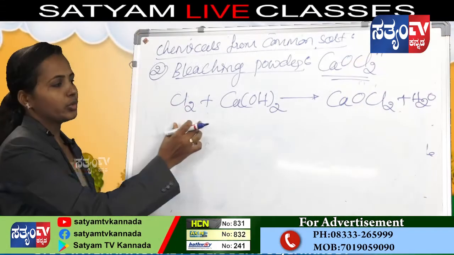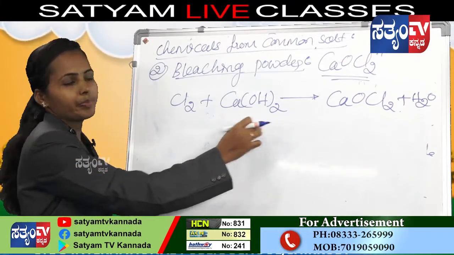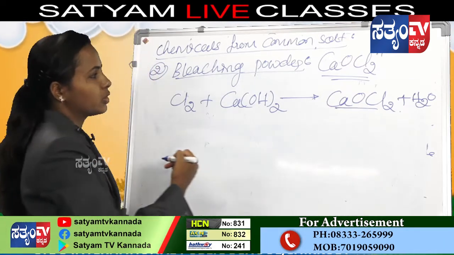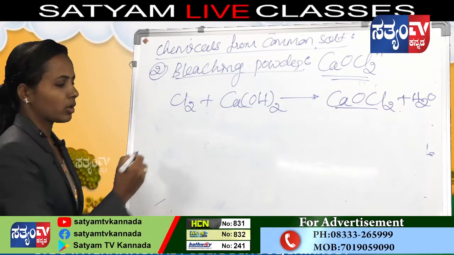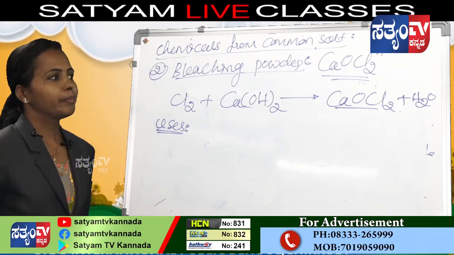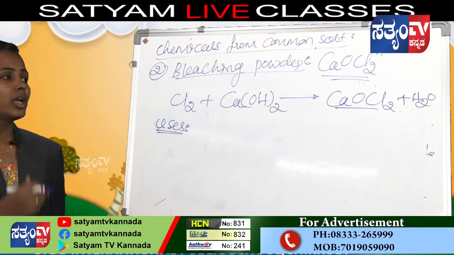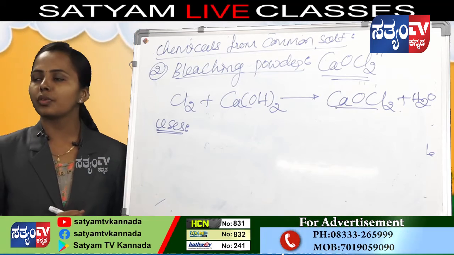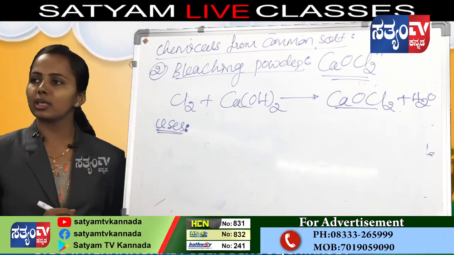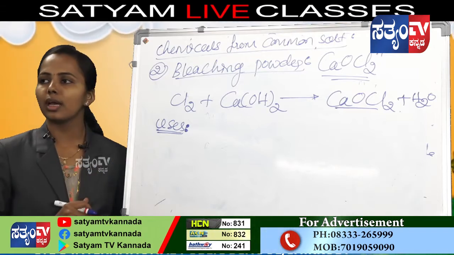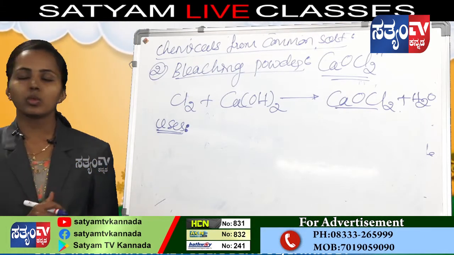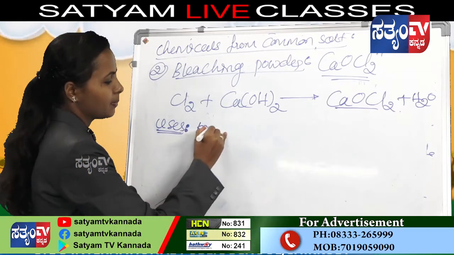When the Cl2 reacts with calcium hydroxide, it gives CaOCl2, bleaching powder, plus water. And next, what are the uses of bleaching powder? Here the bleaching powder has a cleaning property, that's why we use it as a cleaning material. It is used to kill weeds.